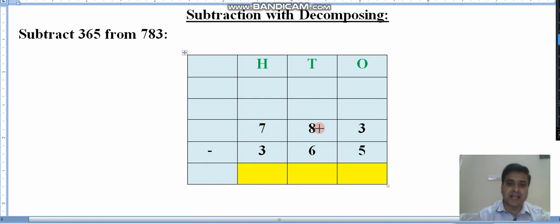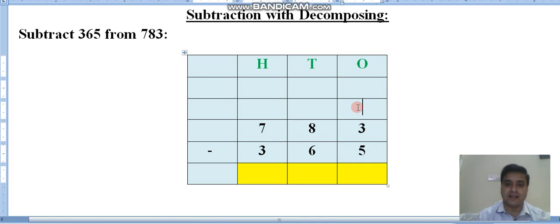Now from 8 we will take 1 ten to ones place. At ones place it will become 10 ones, and when you add 10 ones to 3 ones it will become 13 ones, and what is left in the tens place? It is 7 tens, because 1 ten you have taken to ones place.